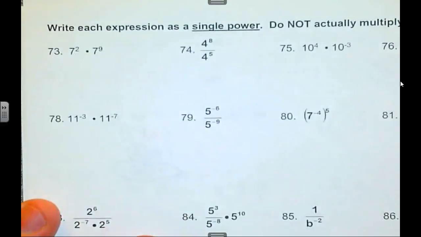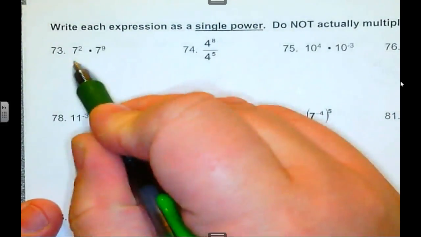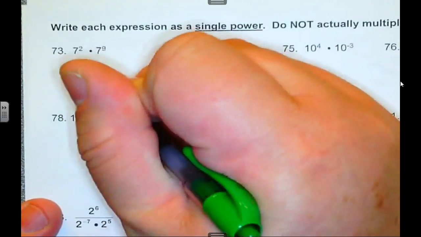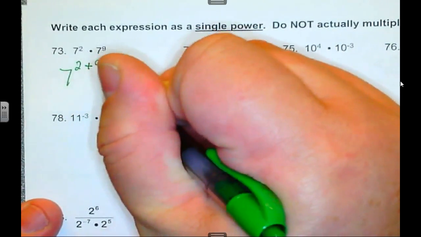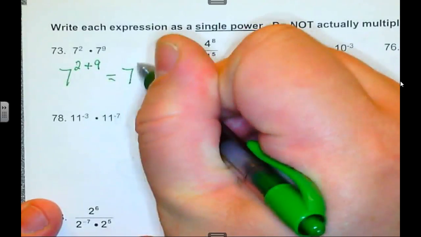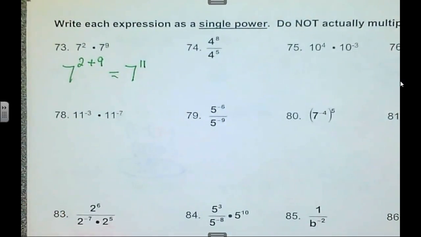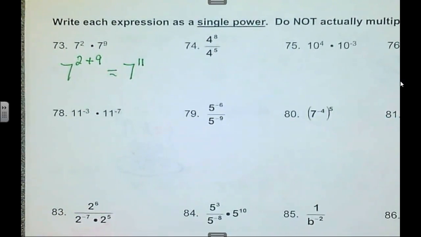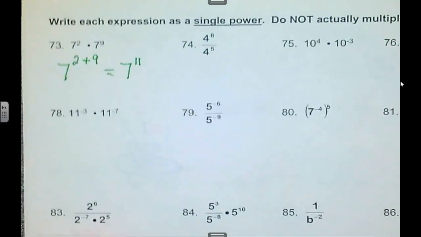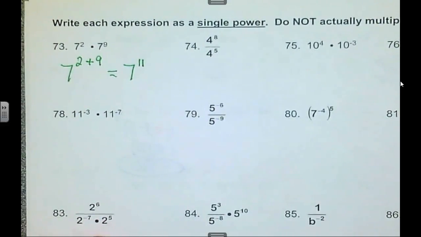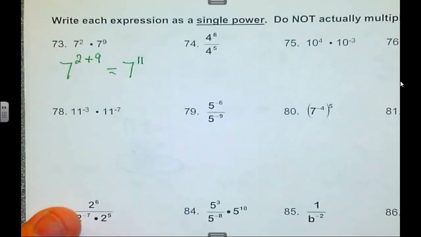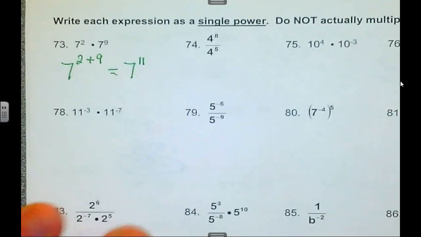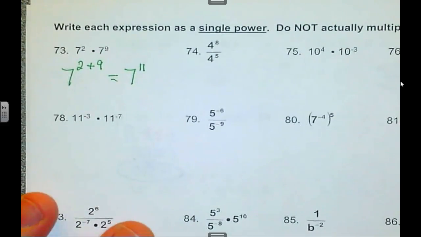For instance, 73, I have the same base, right? So I'm just going to add the exponents, 2 plus 9. That gives me 7 to the 11th power. If you were to multiply that out, it'd be a pretty big number. In fact, your calculator may even put that in scientific notation. Then you guys go, calculator's broke.